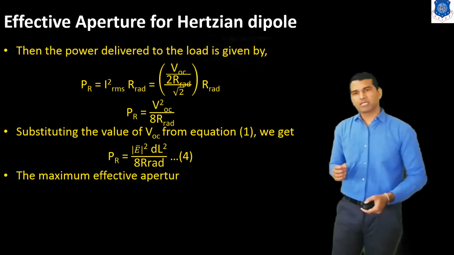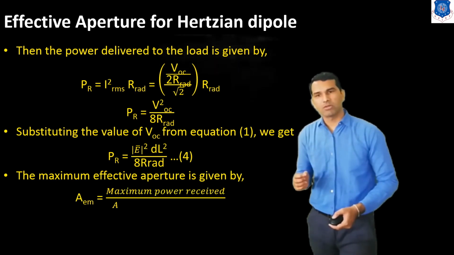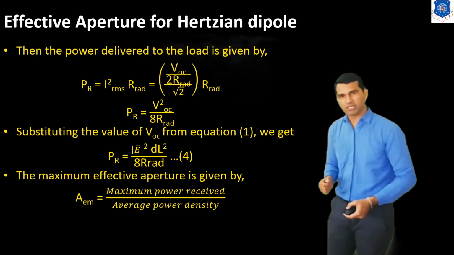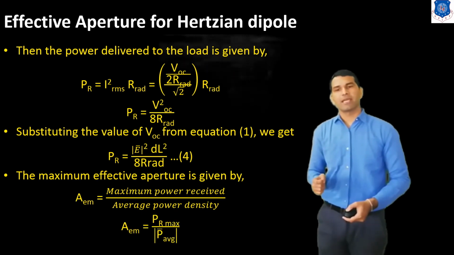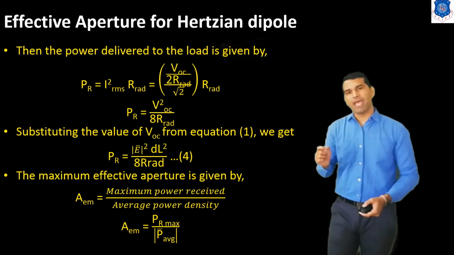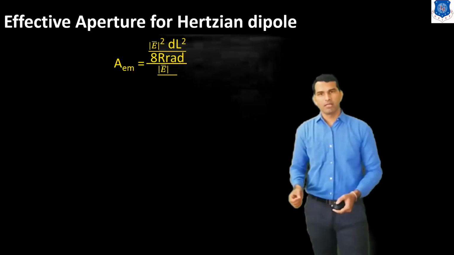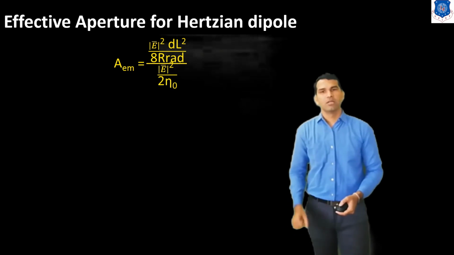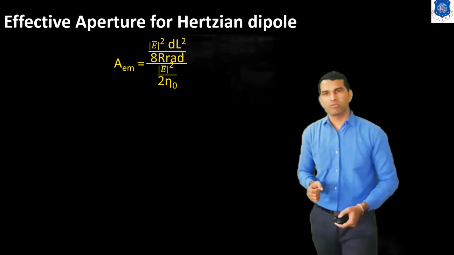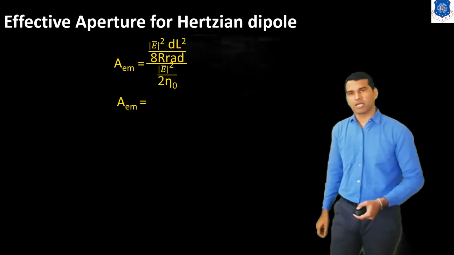The maximum effective aperture is given by AEM is equal to maximum power received upon average power density. So AEM is equal to PR maximum upon P average. Substituting the value of P average, AEM is equal to E square dl square upon 8 R radiate, divided by E square upon 2 eta 0.